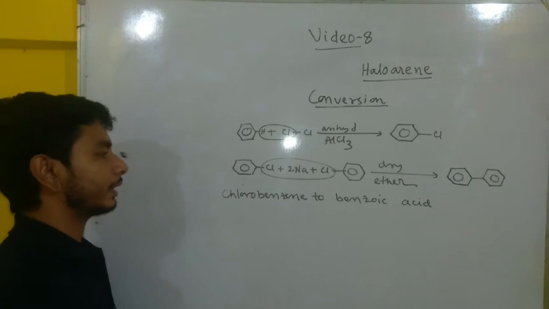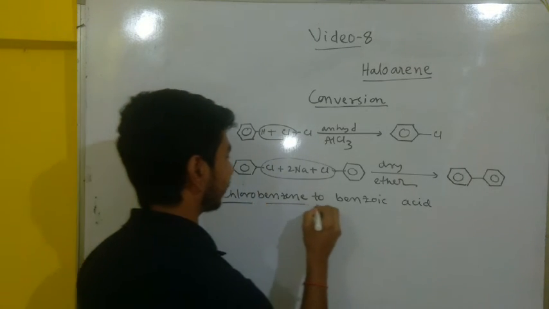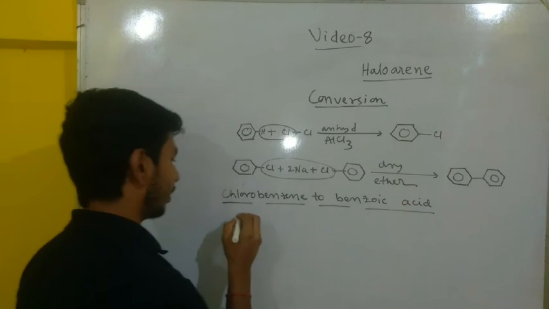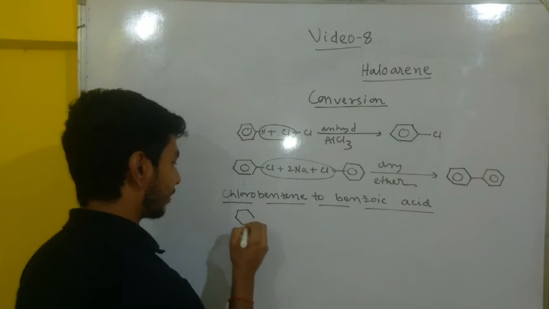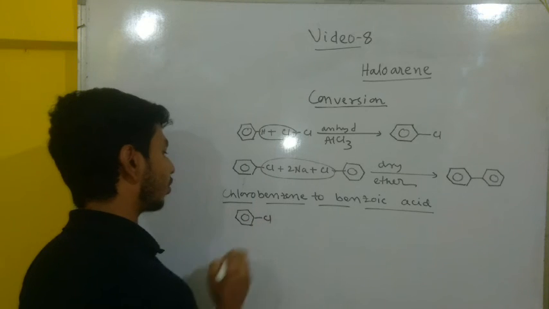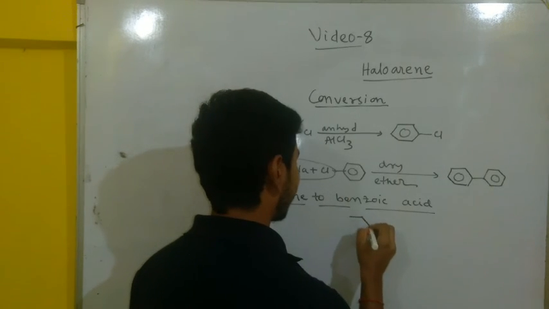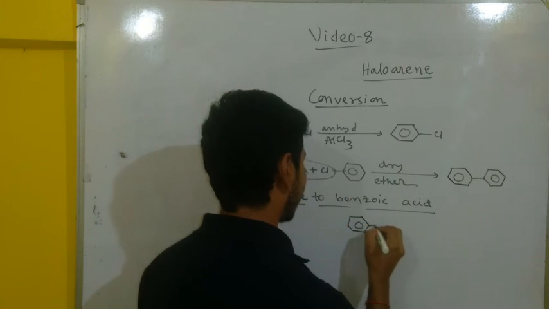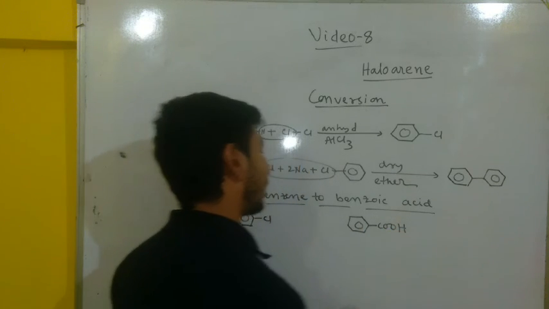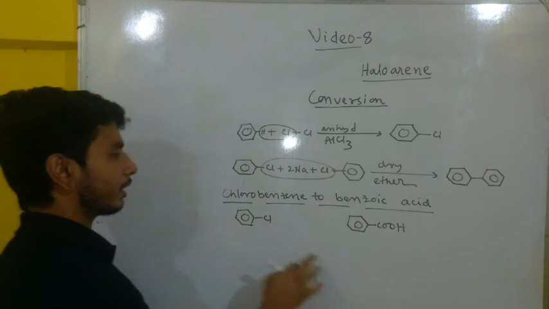Chlorobenzene is benzene with Cl, and benzoic acid is benzene with COOH.